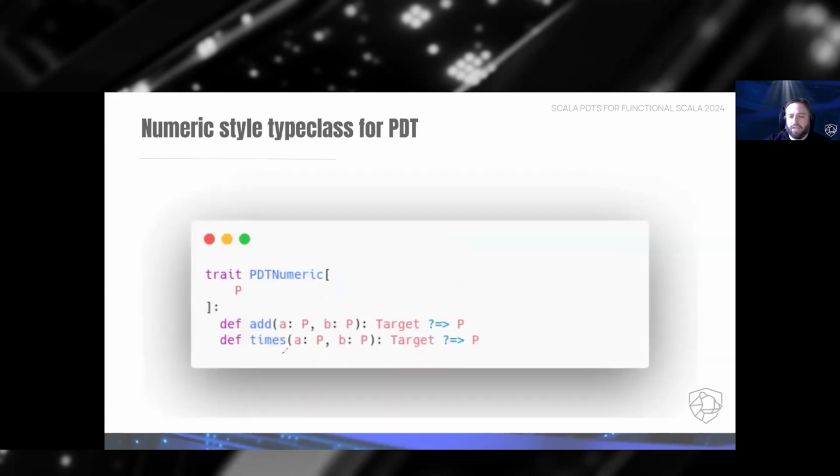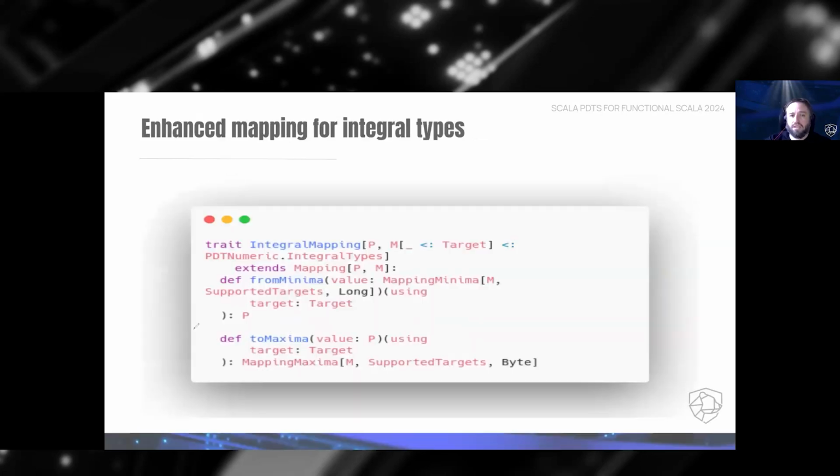Combining all this, we're now able to define generic type classes like this PDT numeric, which is like the numeric type but for PDTs. And this type exists separately because it takes a target as a context input and produces a P. So as long as there's a target in scope, you can do generic math on those PDTs that have this defined.